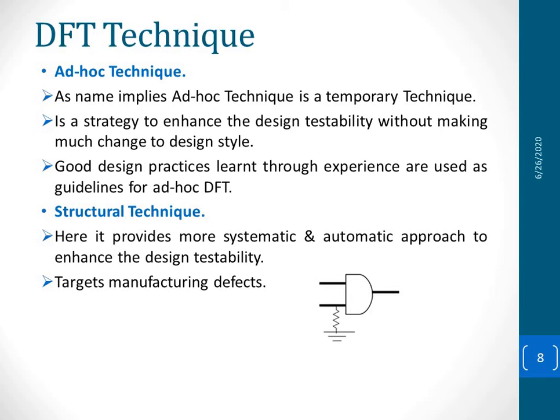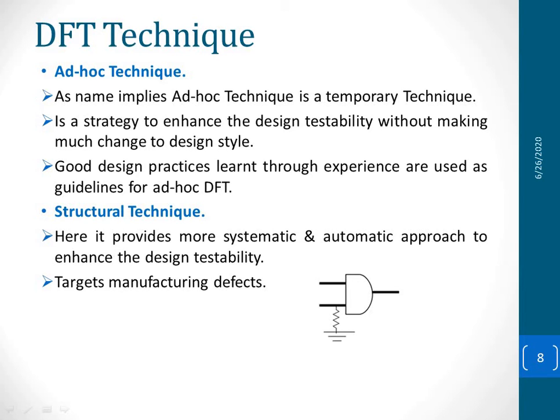Whereas next is the structural technique. Here it provides a more systematic and automatic approach to enhance the design testability. The targets are manufacturing defects. While manufacturing, some defects can come up. These are called structural defects. You can see in the diagram, the structure we have is an AND structure, but while manufacturing somebody can fix some resistor.